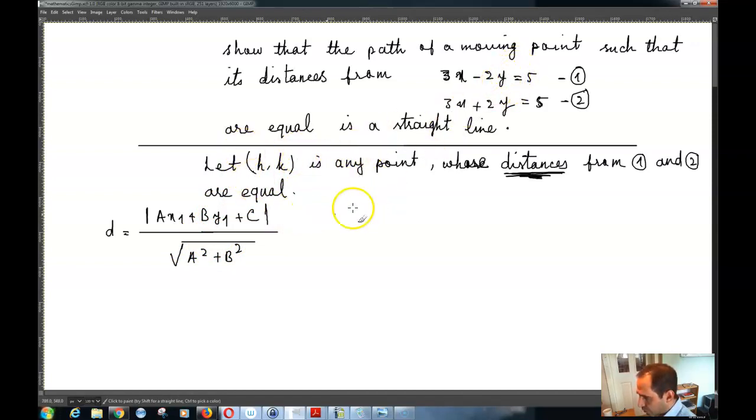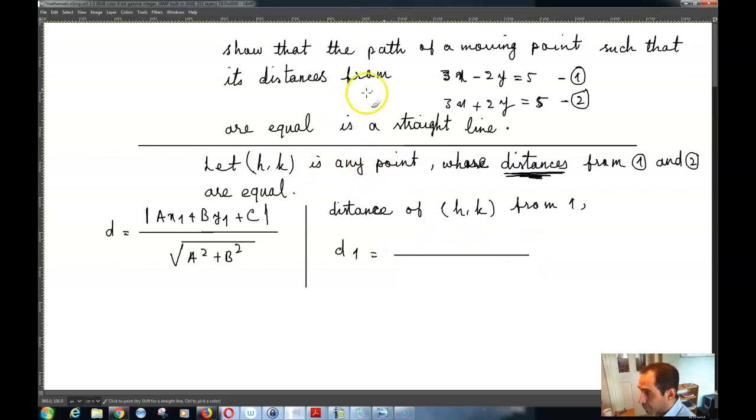So then I can say that the distance of h comma k from 1, I can calculate it as, for example, d1. For this line number 1, my a is 3, my b is negative 2, and my c is negative 5, because this 5 has to come to the other side.